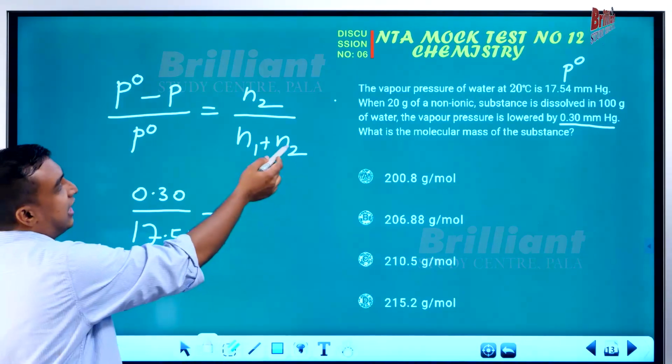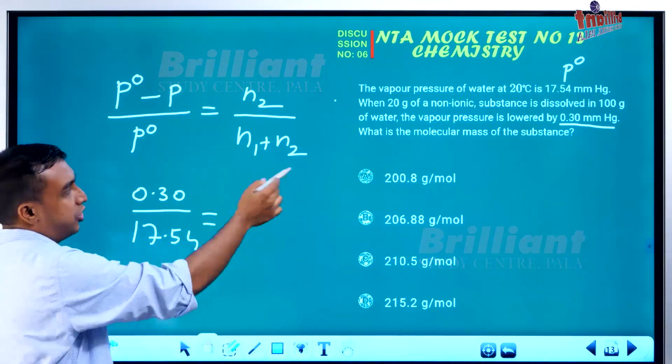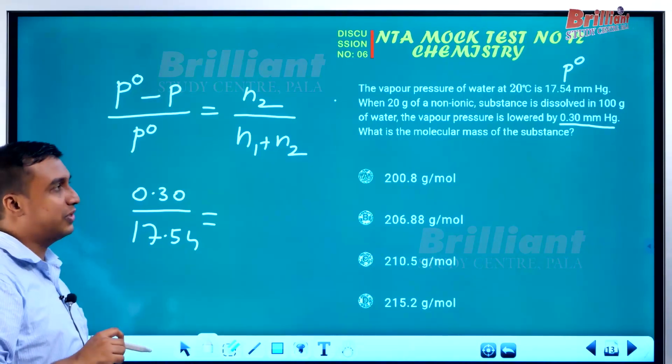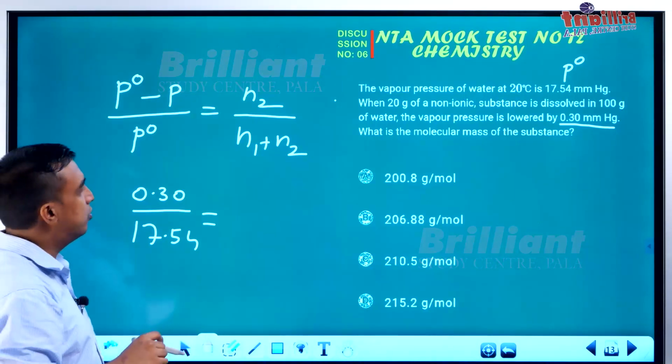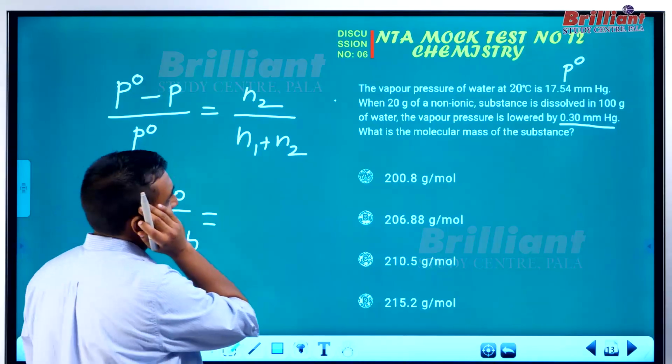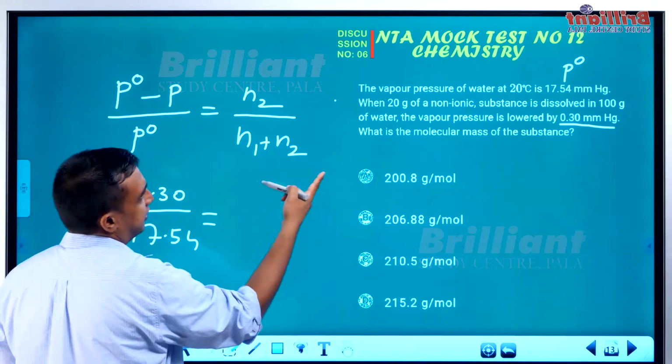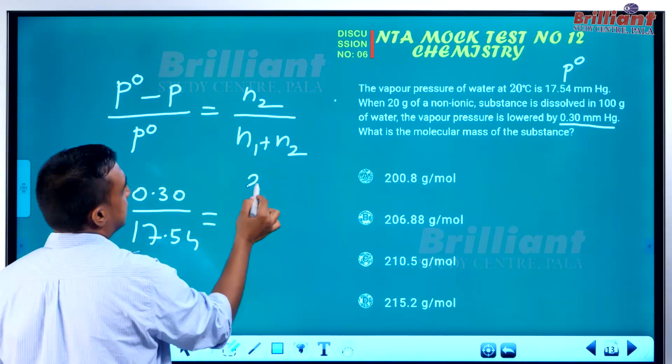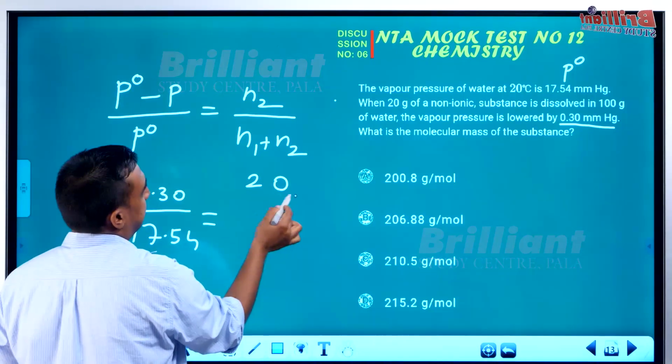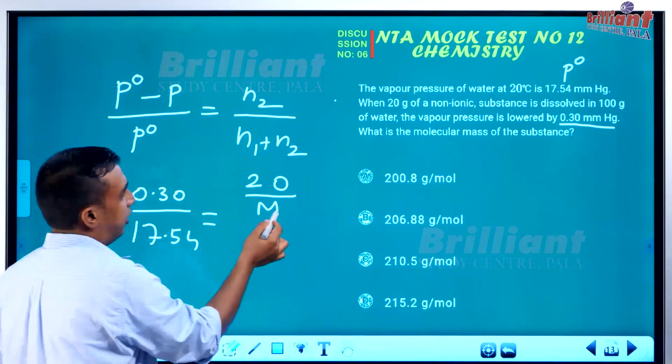For dilute solutions I can neglect the N2 in the denominator, but here you cannot do that because it's not a very dilute solution. Now I have to find the molecular mass of the substance. So N2 is 20 by M, weight by molecular weight.